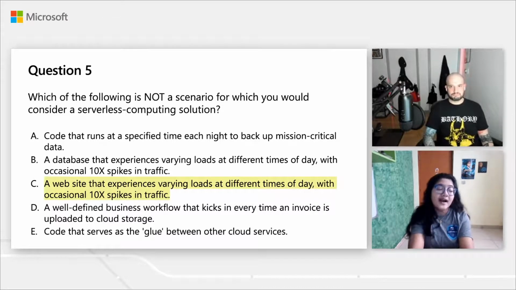On the other hand, running at a specified time each night, a database that experiences varying loads at different times of the day, well-defined business workflows, and code that serves as glue between other cloud services, these all are ideal examples of serverless functions. So option C it is.